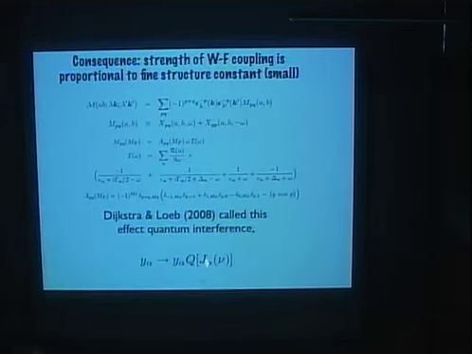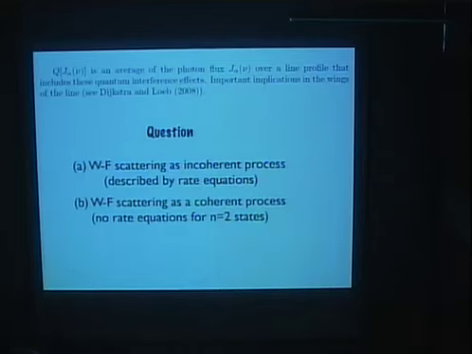Now, in a paper in 2008, Dijkstra and Loeb called this effect quantum interference, and they showed that by incorporating this, the expression that Field wrote down for y sub alpha, the efficiency for Lyman alpha coupling of the two hyperfine levels, is just modified by an additional Q term, which is basically an average of the photon flux over the line profile, including these quantum interference effects.